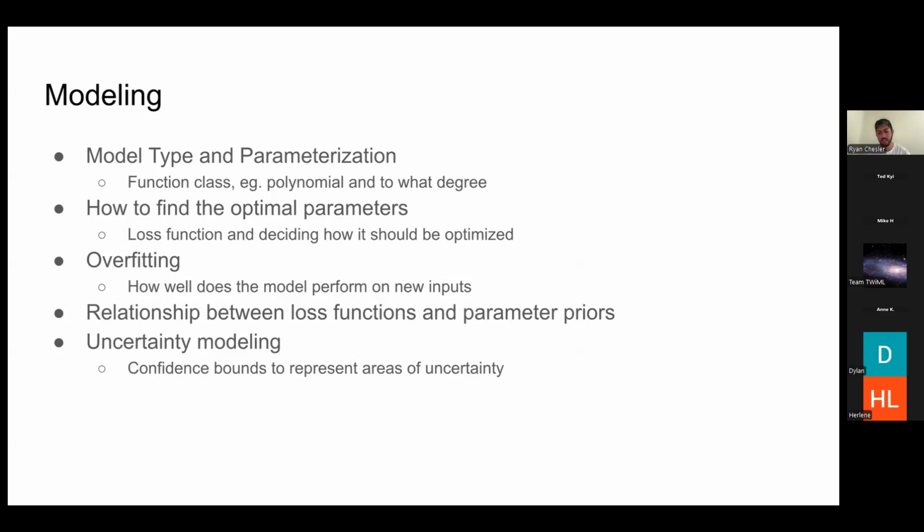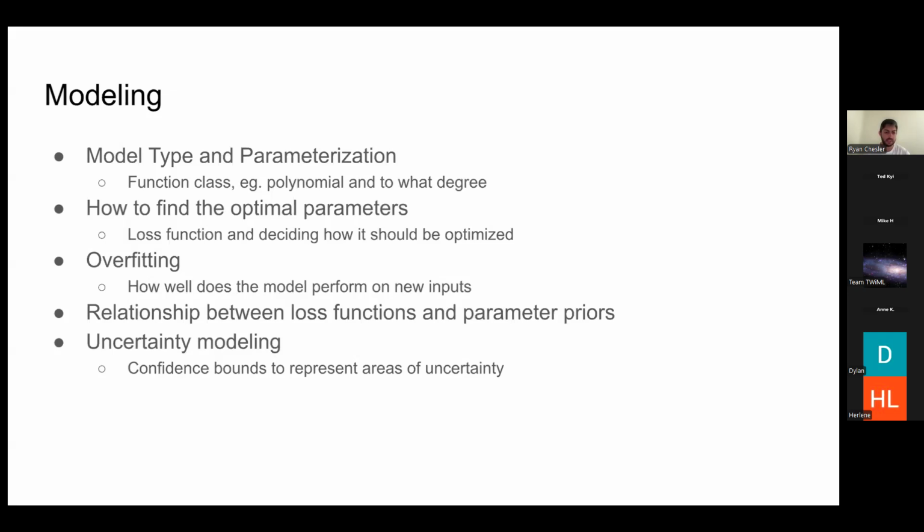You need something that is capable of handling that task of figuring out stuff that you haven't measured before. There's a relationship between the loss functions and the priors. If you have some idea about what the parameters should look like, that can inform the loss function that you use and vice versa.